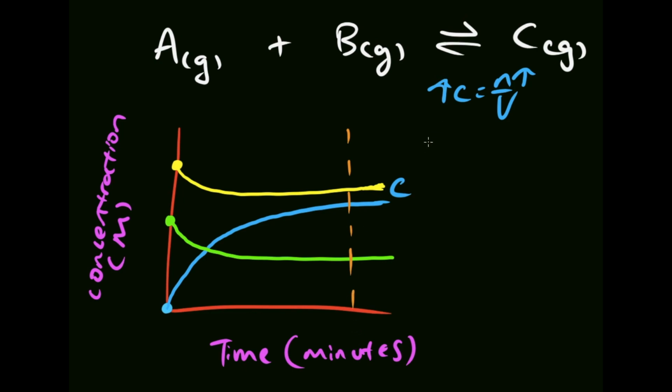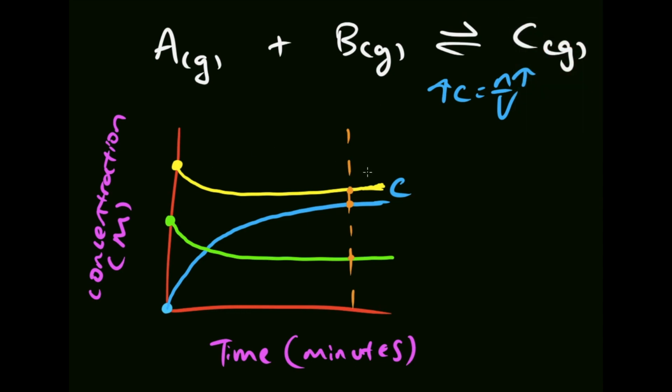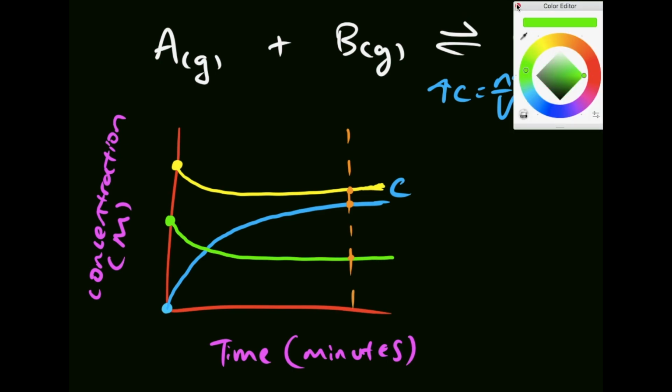The reason why I say equilibrium of the system of this reaction is around here is because it is at this point where all three gases, or all the species in the system or reaction, have constant concentration. So let me just label these species.